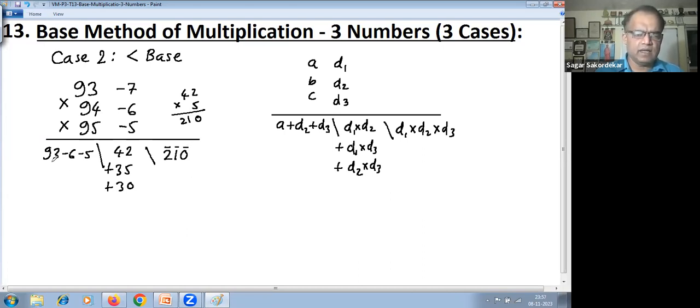So here 93 minus 6 is 87, minus 5. 87 minus 5 is 82. This will be 82. This is 2 plus 5, 7. And this is 4 plus 3, 7 plus 3, 10, 107.